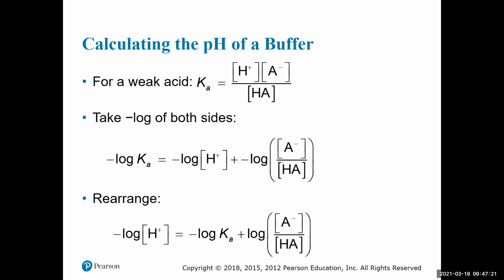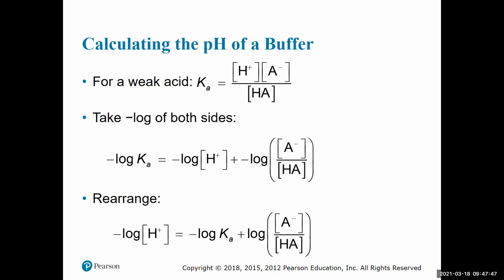If we take minus the log of both sides, on the left-hand side now we have minus the log of Ka. We're going to pull out the hydrogen ion concentration. So by doing that, we have minus the log of the hydrogen ion concentration plus minus the log of this ratio of the anion concentration to the acid concentration.